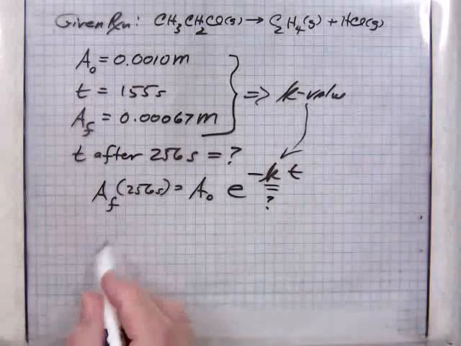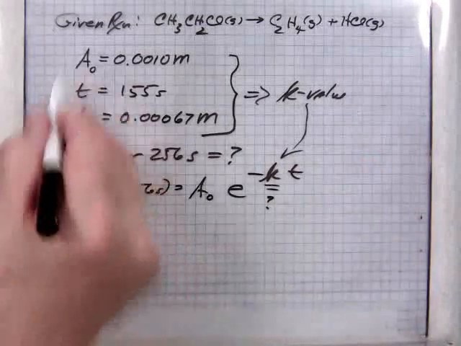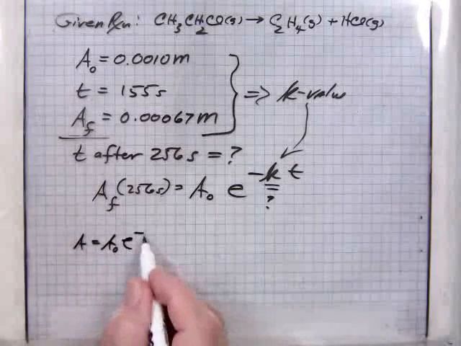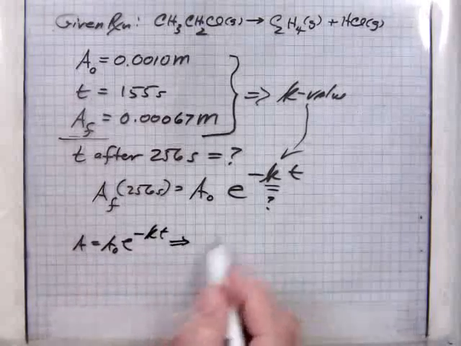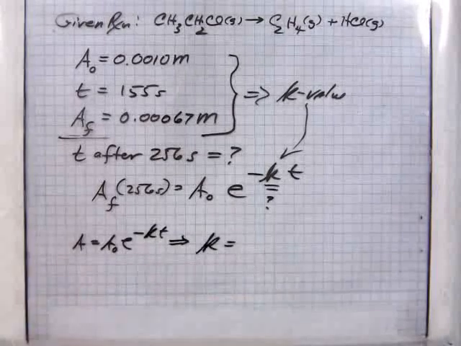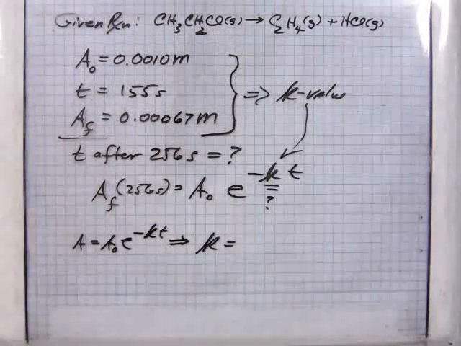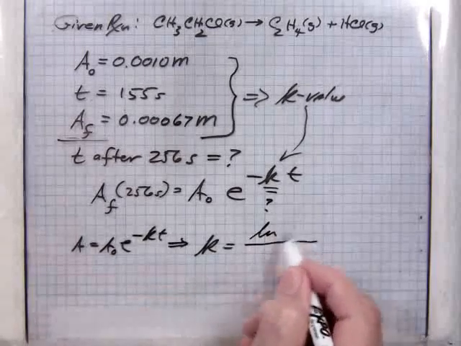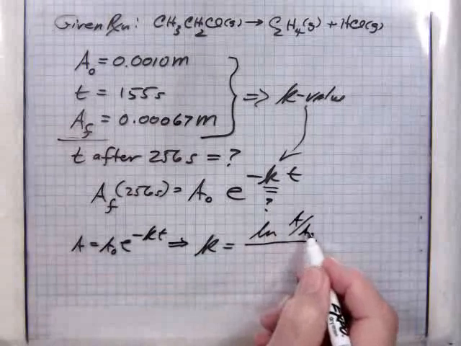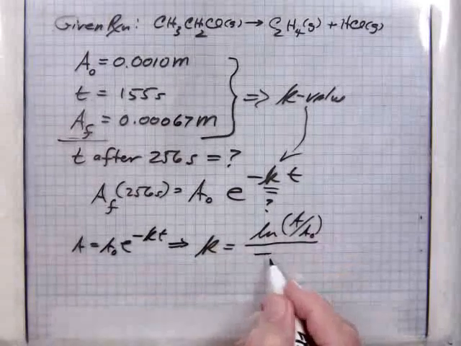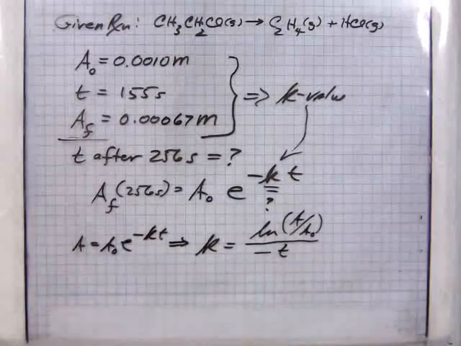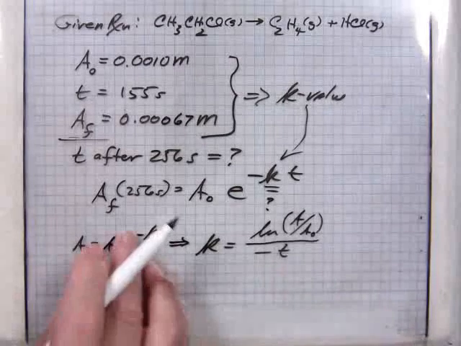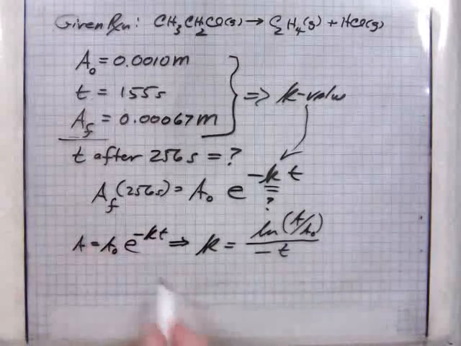So taking the data in part 1 here, A equals A naught e to the minus kt, solving for k, it comes out ln of A over A naught over minus t. If you don't know how to derive all this, it's just an expression, your first order decay expression.